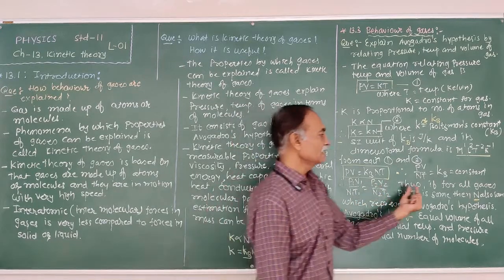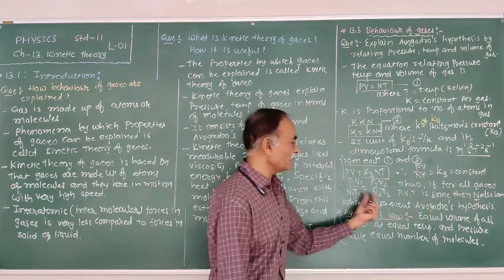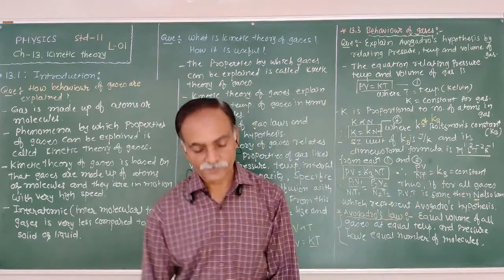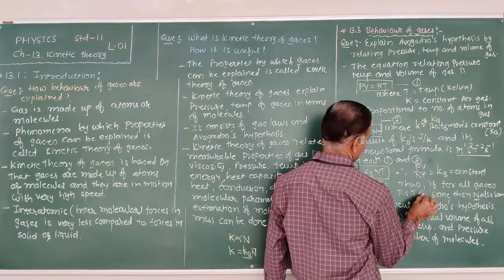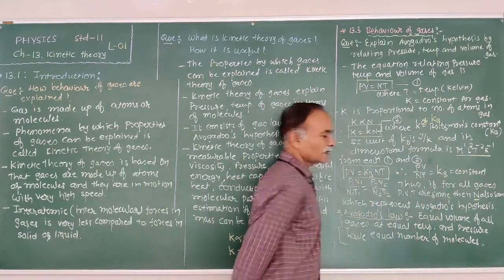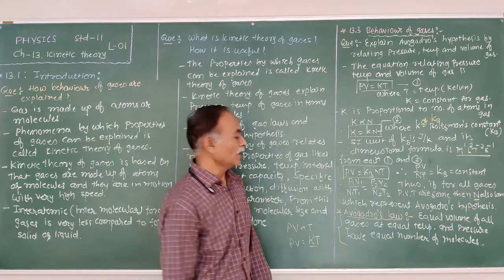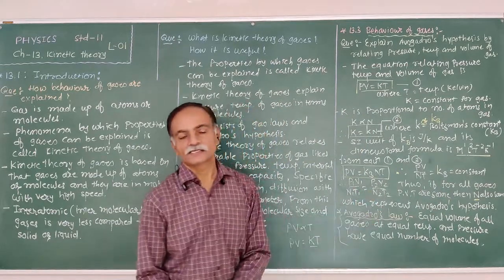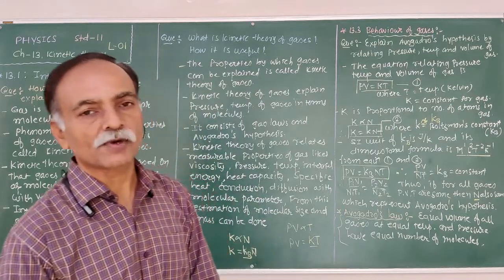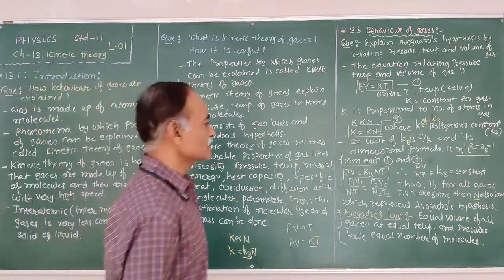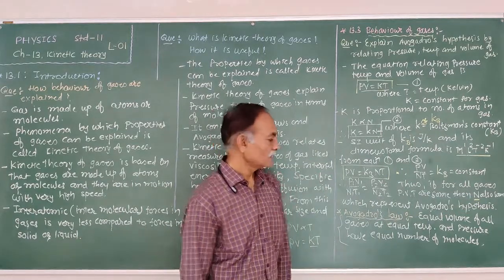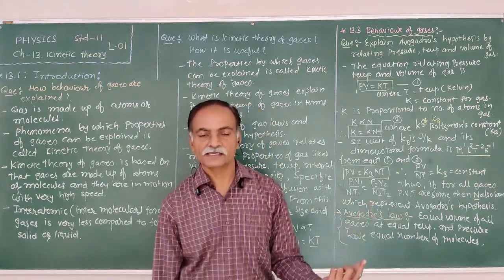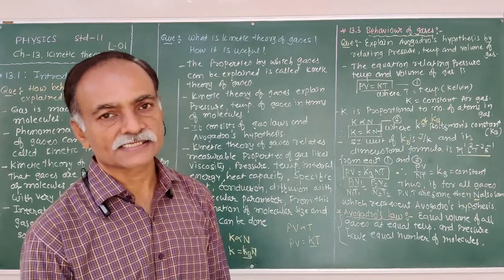Thus, if for all cases P, V, T are the same, the N is also the same, the number of molecules is also the same. If the gases have the same pressure, volume, and temperature, these gases also have the same number of molecules, which represents Avogadro's hypothesis.